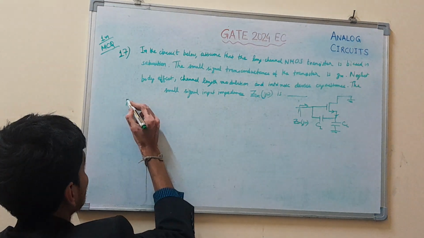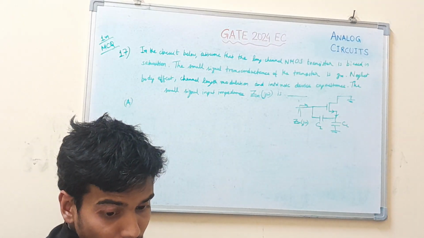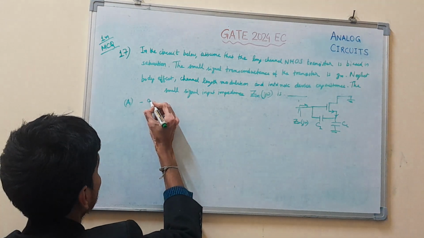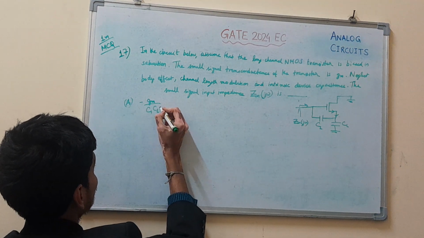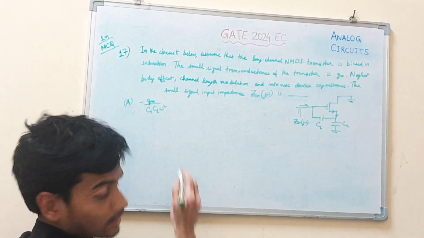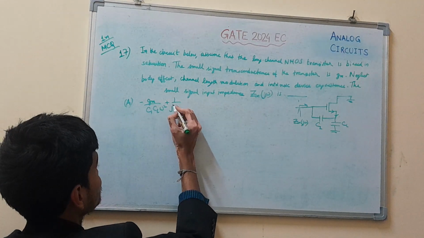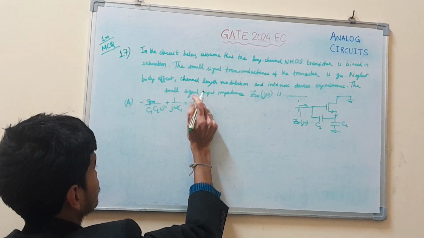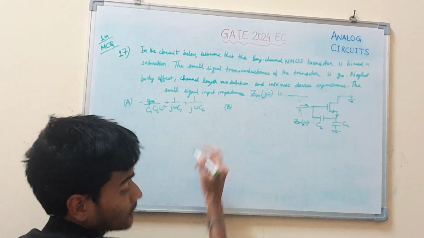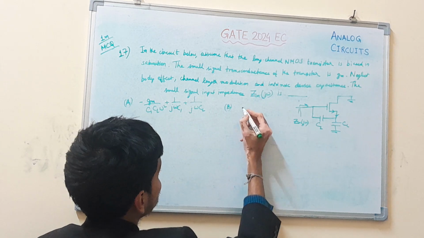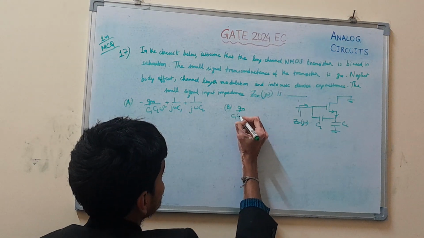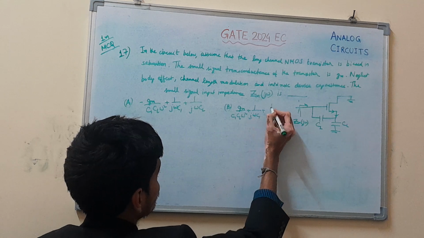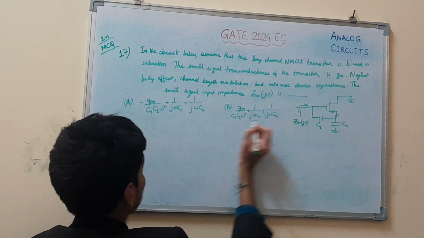Options are given as: A, minus GM by C1 CL omega square plus 1 by j omega C1 plus 1 by j omega CL. Option B, GM by C1 CL omega square plus 1 by j omega C1 plus 1 by j omega CL.